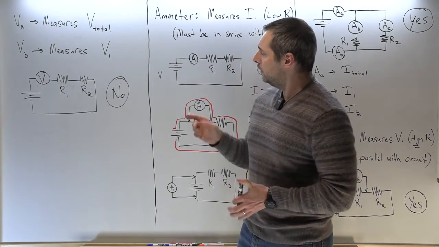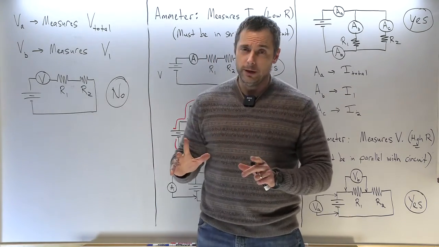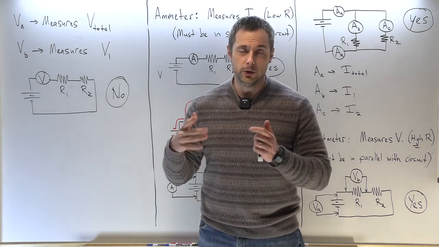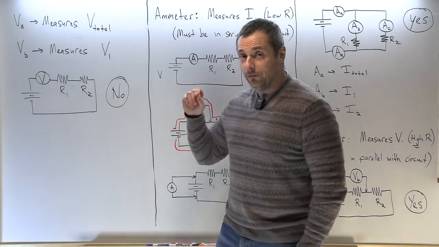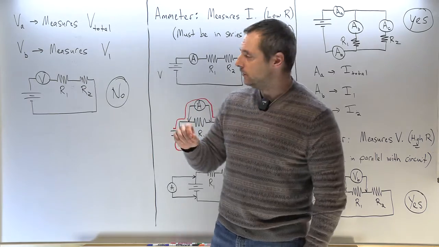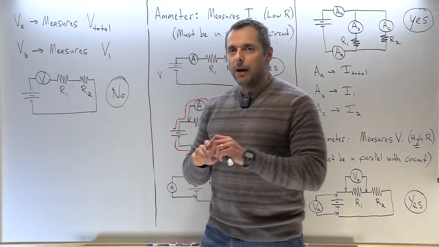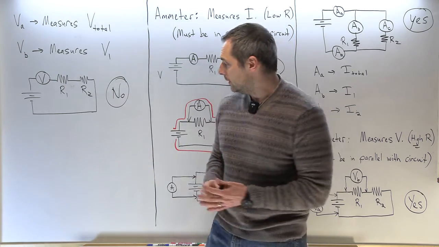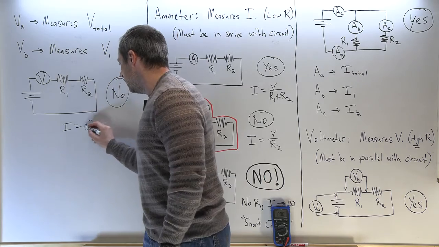The reason why there's no exclamation point is because you're not going to damage anything with a voltmeter. I can't think of any way you can hook it into a circuit and cause damage, because it has a very high, nearly infinite resistance. So if I do this, all that I'm doing is essentially stopping the current. This turns I to 0.